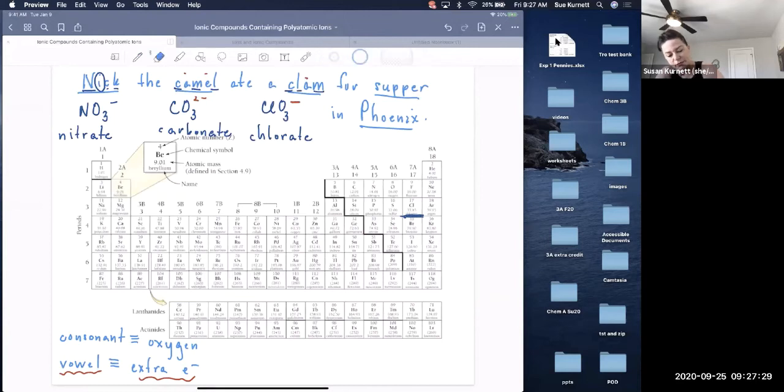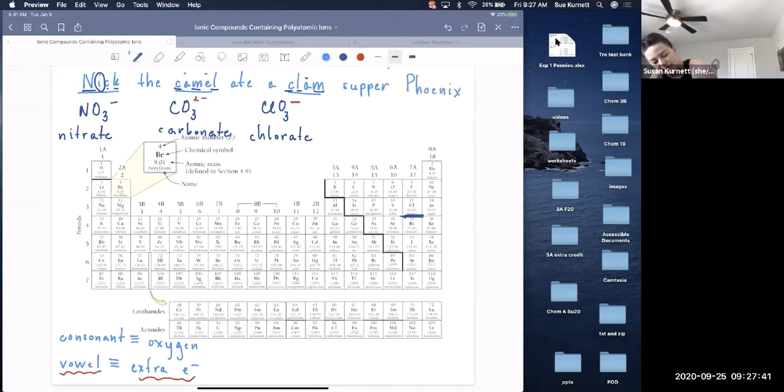Supper stands for sulfate. And Phoenix stands for phosphate.